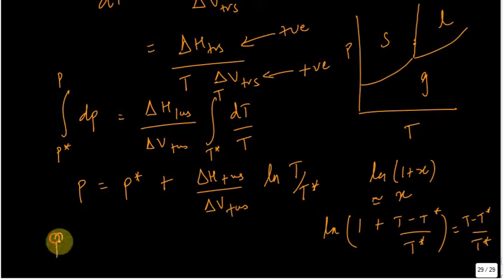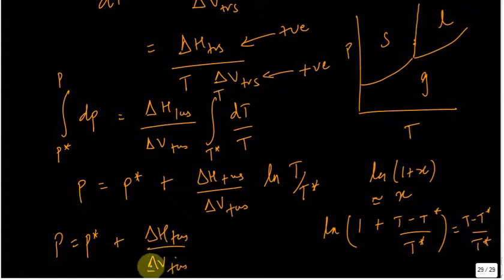So my equation comes out to be P is equal to P star plus delta H fusion by delta V fusion times (T minus T star) by T star. Okay, I guess that should be the right one.